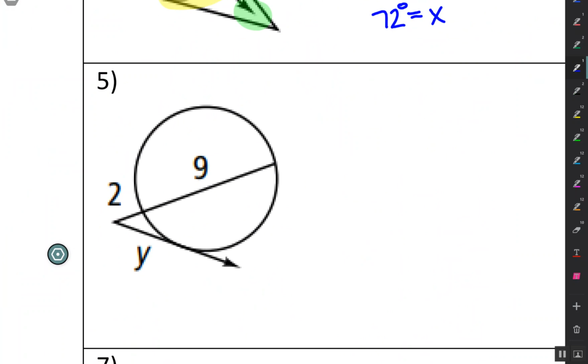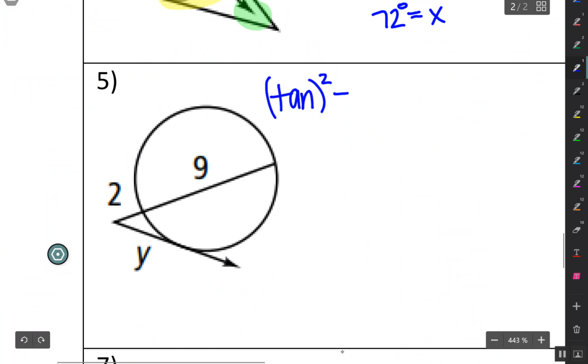So remember, no angles this time, no degrees. So this is a tangent and a secant, so we're going to do the tangent squared equals the outside times the whole. Okay, so our tangent is y. So that's what we're going to square. We're going to do y squared.